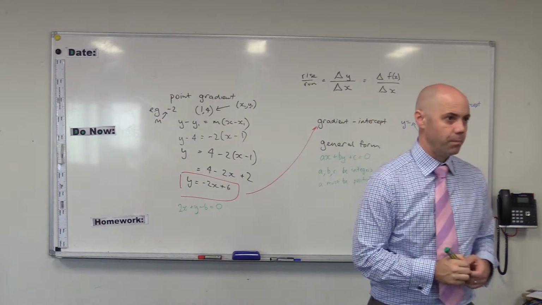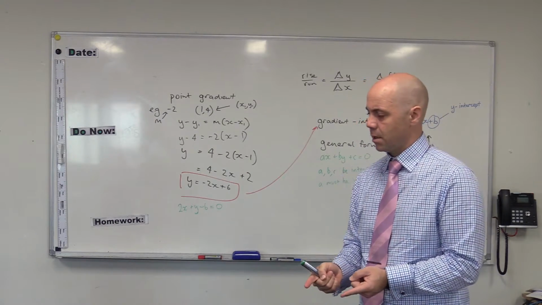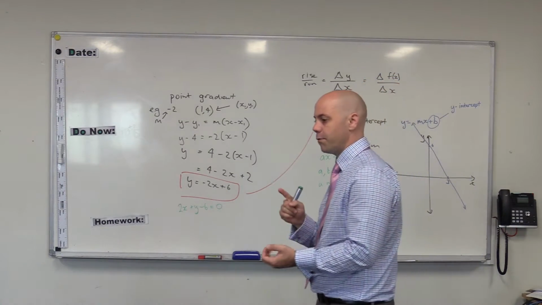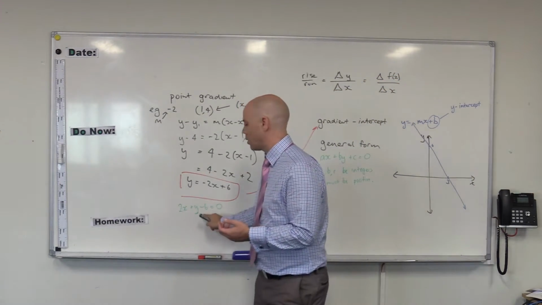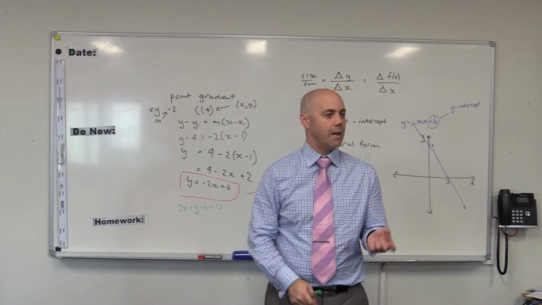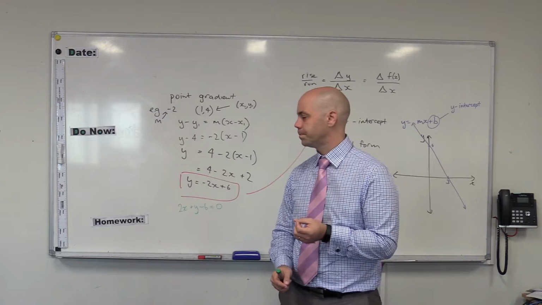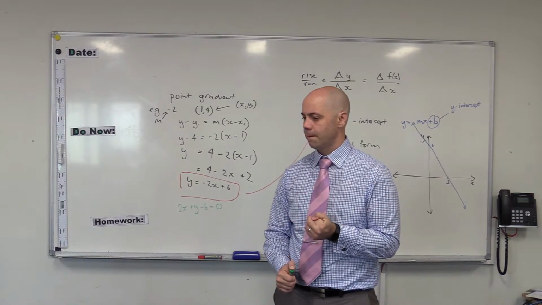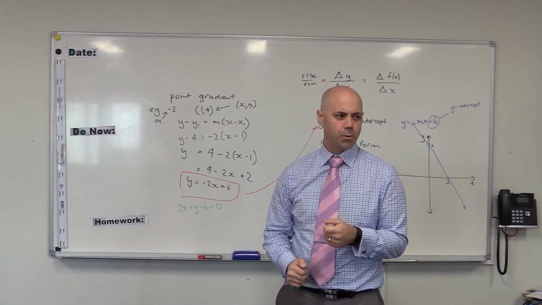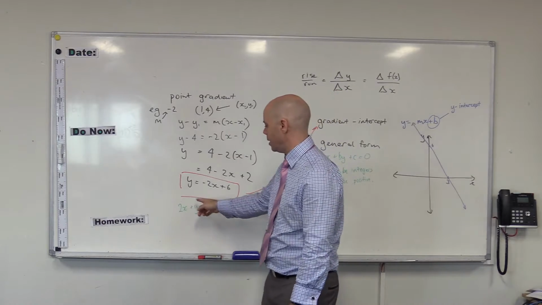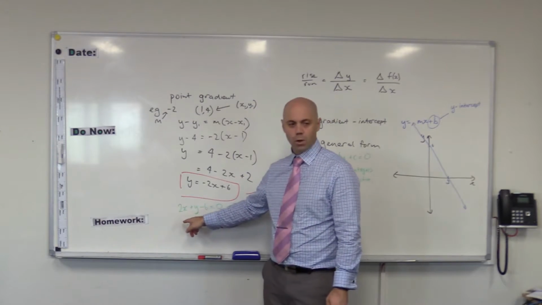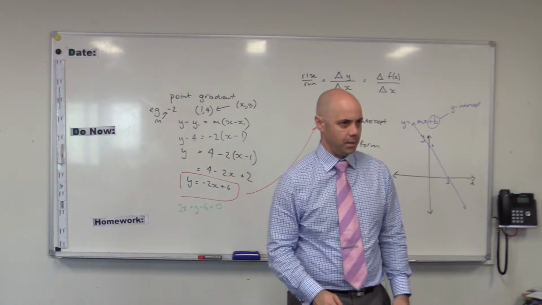That's the general form. Everything on one side, all of the coefficients and the constant term are all whole numbers, and the x coefficient, the A, must be positive as well. It's a really easy thing to look at from here as well then to work out what our gradient is.